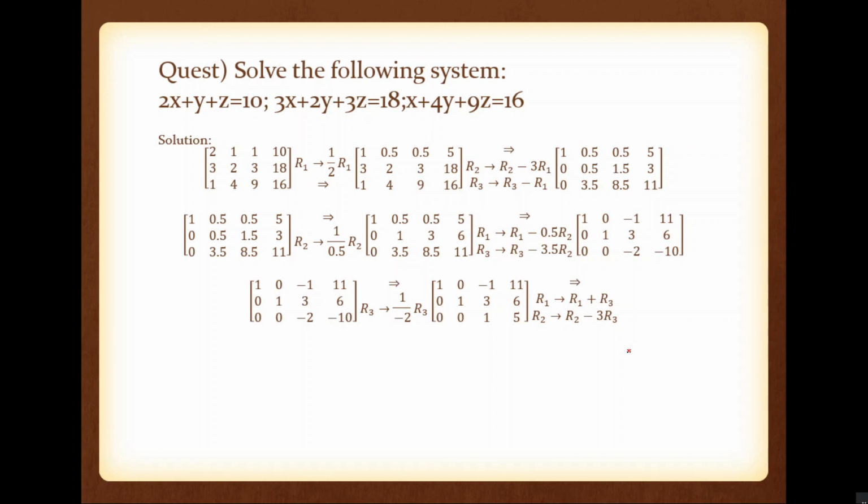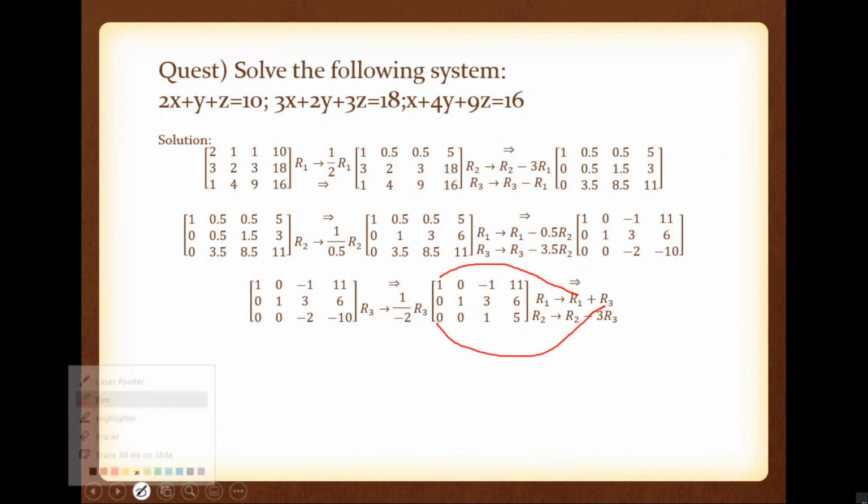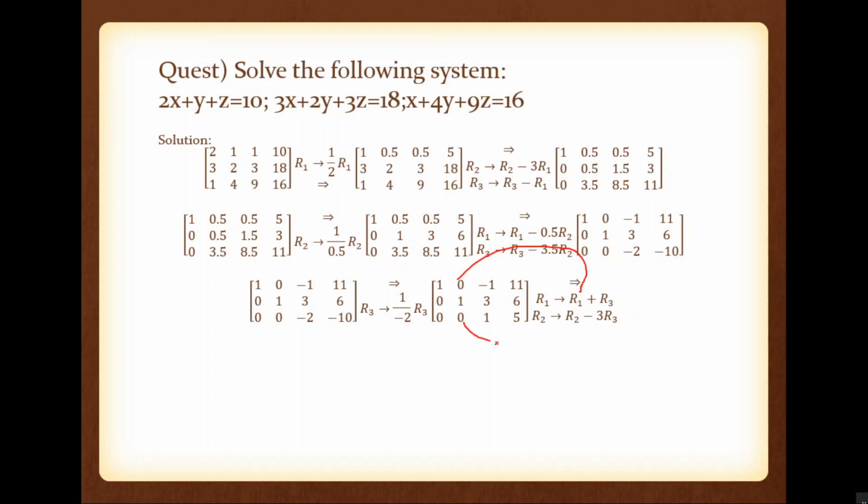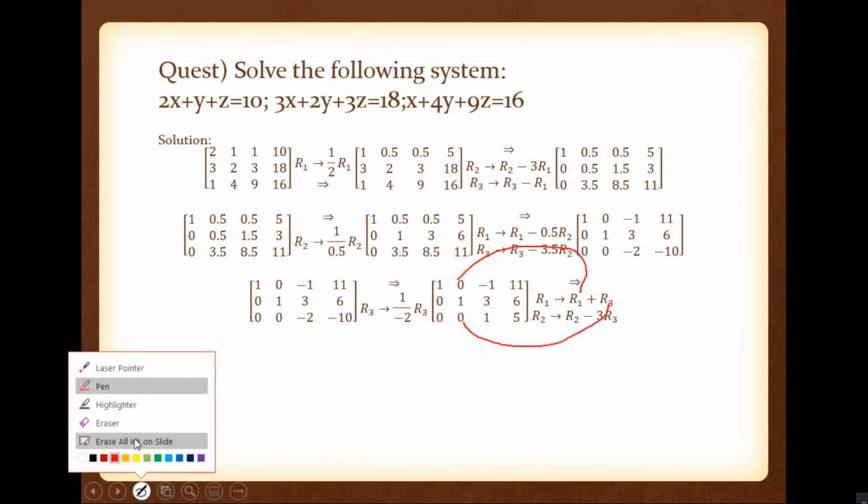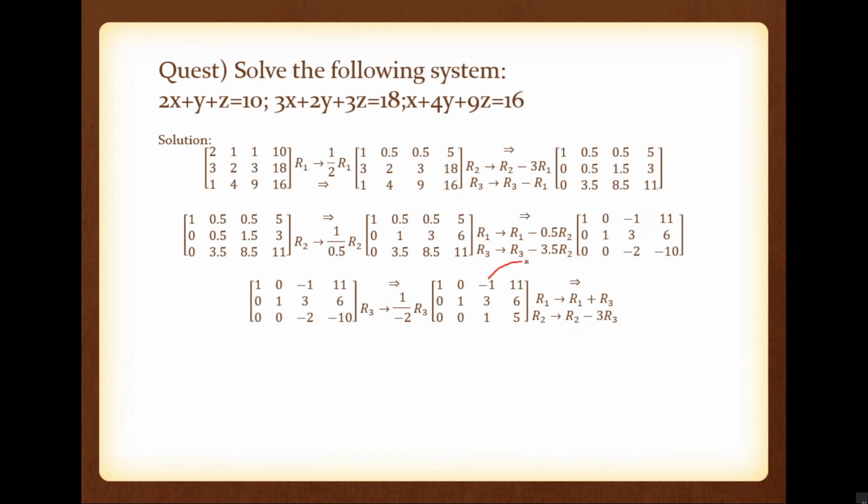So what do we have? First row: this is 1 plus 0, so that is 1. This is not modified. Then 0 plus 0, that is also not modified. Now minus 1 plus 1, that is 0.